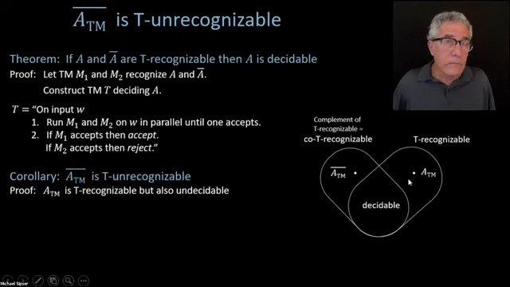But we know that ATM is sitting out here as recognizable but not decidable. So ATM is on the recognizable side, but it's not on the complement-of-recognizable side. The complement of ATM is the complement of a recognizable language, but itself is not recognizable and not decidable. So you get this nice, I hope you think it's nice, little Venn diagram trying to summarize things.